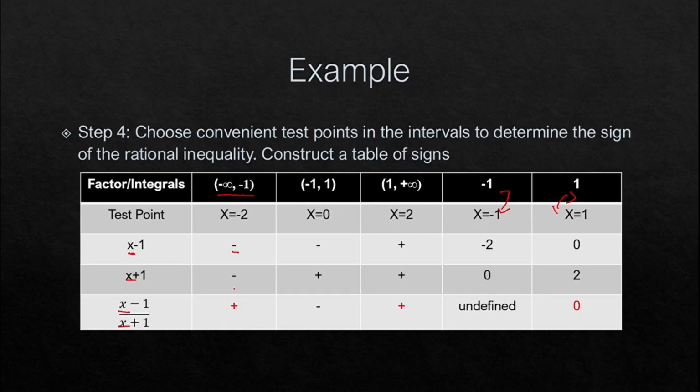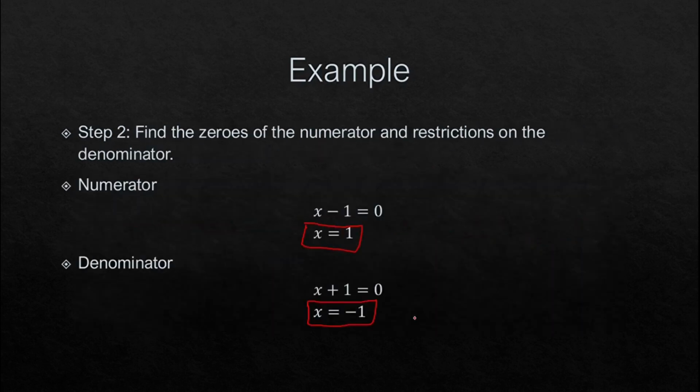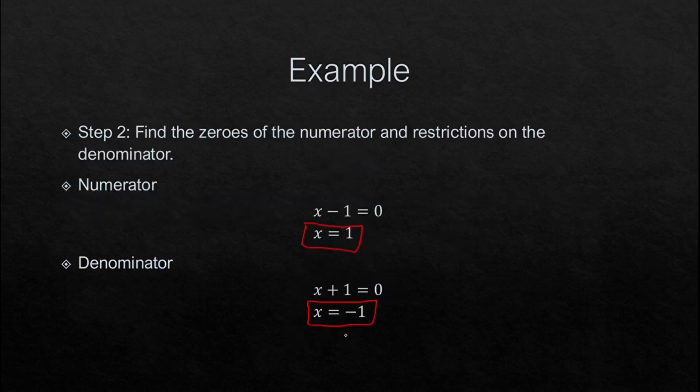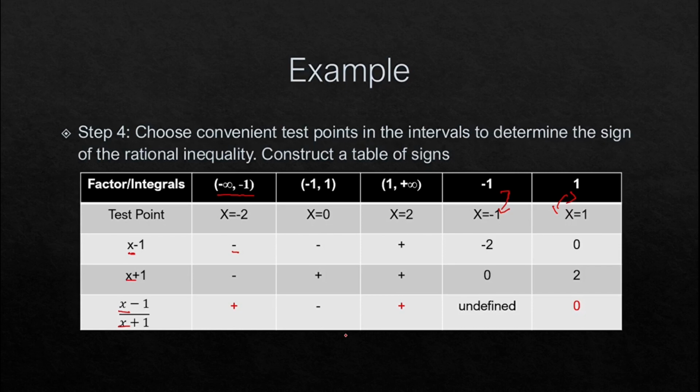Bakit kaya naka-highlight ang mga plus pati 0? Kasi if you remember, ang hinahanap natin is greater than or equal to 0. So, kung greater than, anong mga numbers na greater than 0? Siyempre, mga positive. So, kung nagkasabi ng positive, ibig sabihin, it falls in line with the inequality na hinahanap natin.